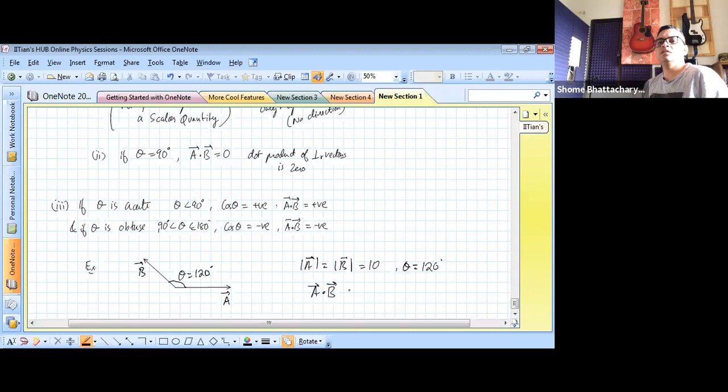So A dot B here will become minus 50 because cos 120 is minus half.